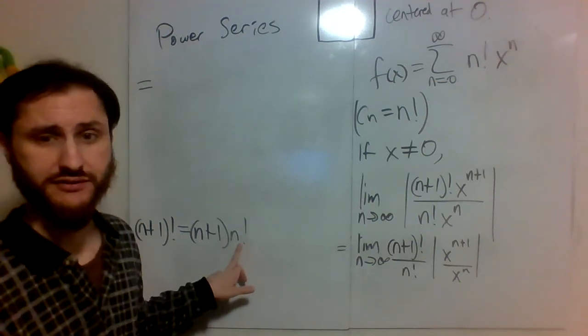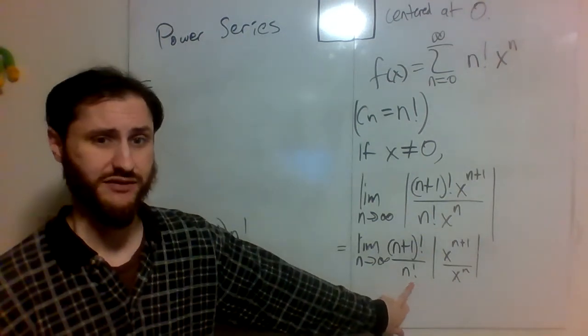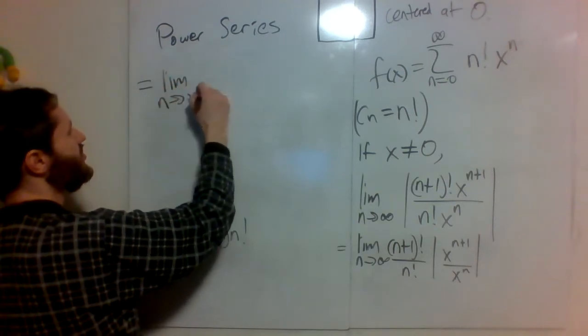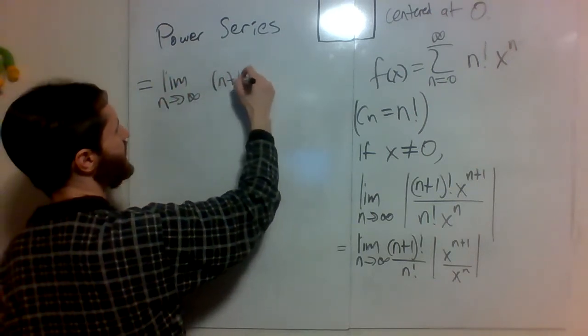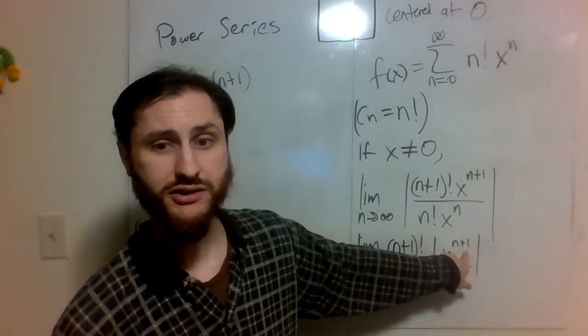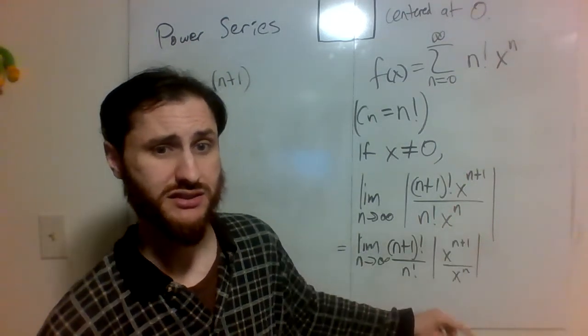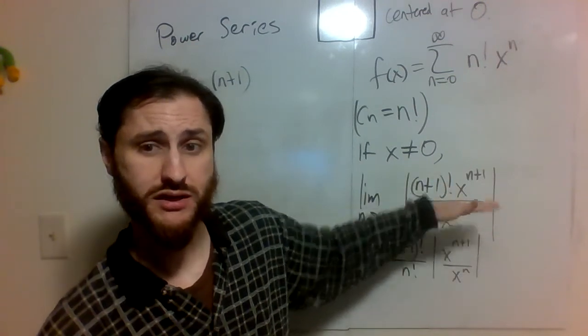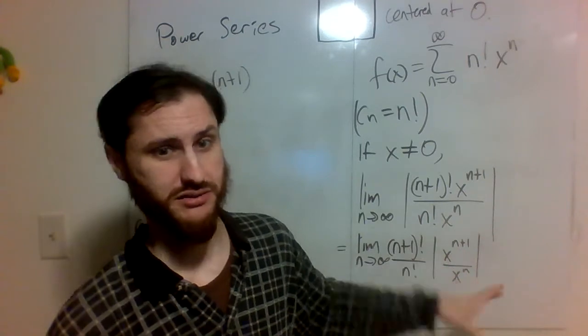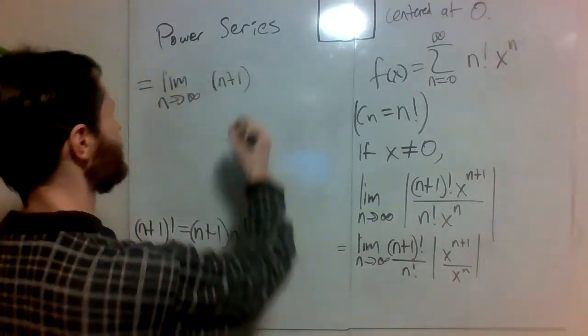And then this n factorial will cancel with this n factorial. And I'm left with n plus 1. Inside here, remember your rules of exponents. X to the n plus 1 over x to the n. That will simplify to just x, actually. Remember, it's still in the absolute values, though.